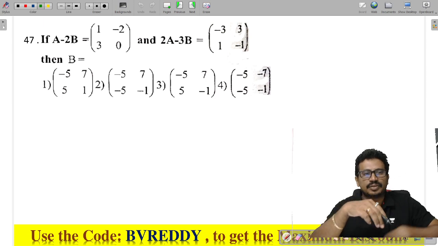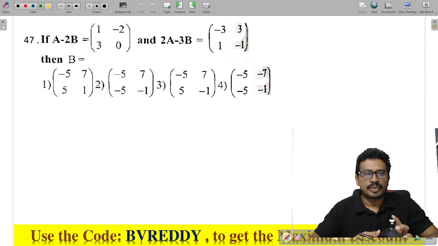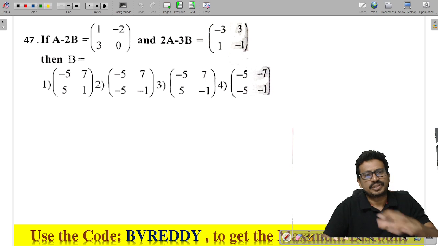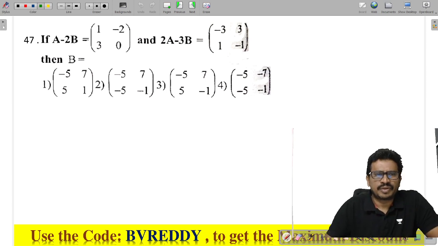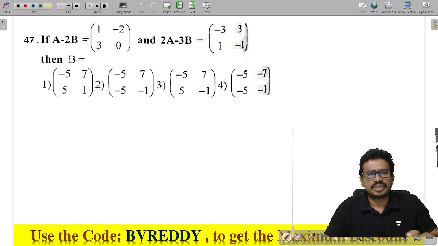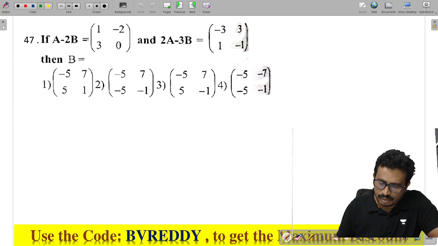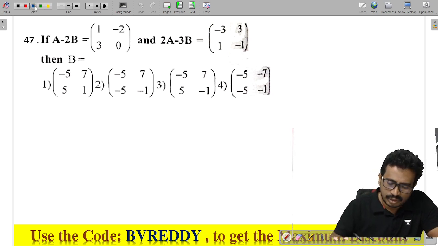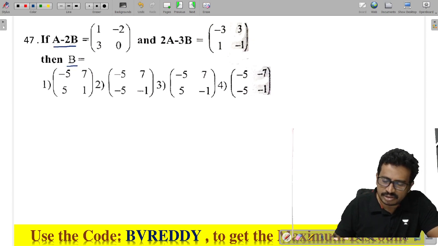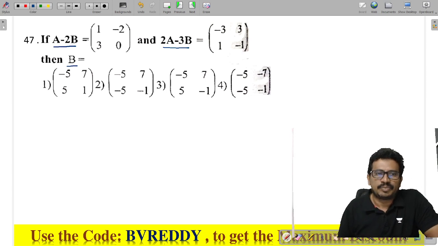Next, two matrices are given here. A minus 2b is given as this matrix, and 2a minus 3b is given. Now they are asking to find the value of b. So we need to do things such that a gets cancelled.